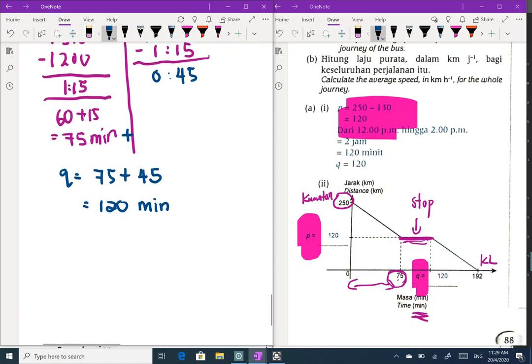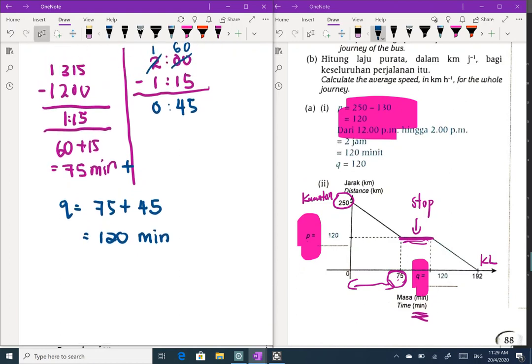How do you get the P? P is the distance from Kuantan, you stop at Mentagap.